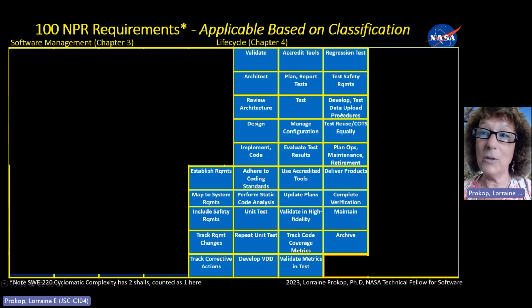And this one is really the only one that has to do with data: develop and test data upload products and procedures, and test your reuse or any COTS off the shelf.